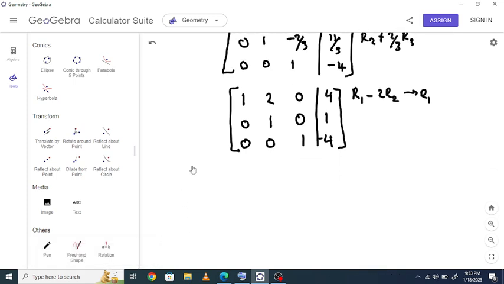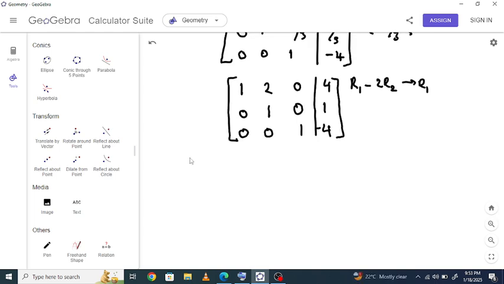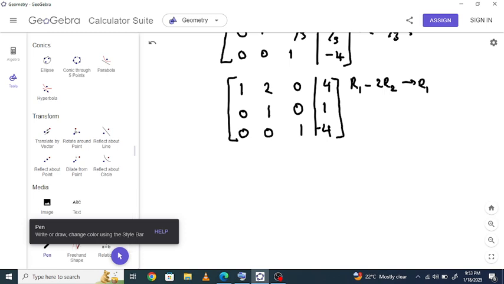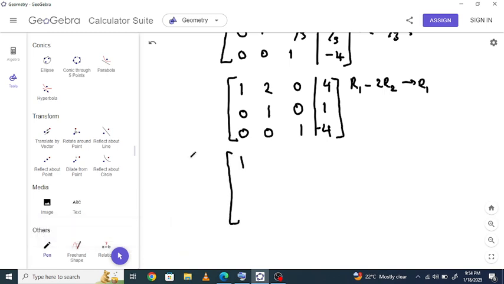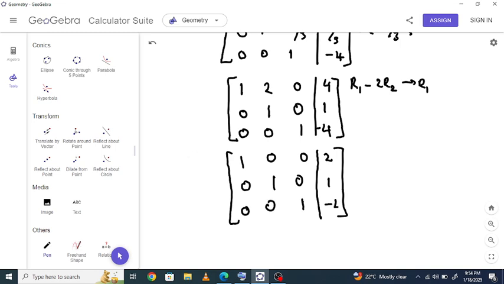We will have 1 minus 0, which is 1, 2 minus 2 is 0, 0 minus 0 is 0, 4 minus 2 is 2, then the rest 0, 1, 0, 1, and 0, 0, 1, -4. So comfortably you can see that our value for x is 2, our value for y is 1, and our value for z is -4.